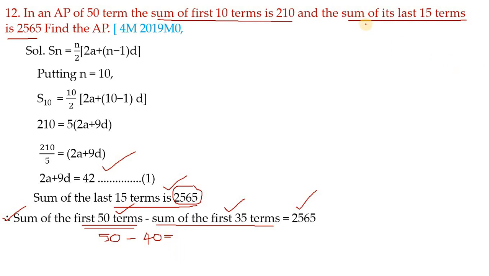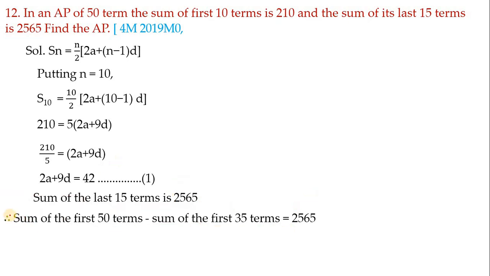In case they have given the sum of last 5 terms, here you have to write sum of first 50 terms minus sum of first 45 terms. That gives us the sum of 5 terms. So you have to concentrate here and understand this point very well.